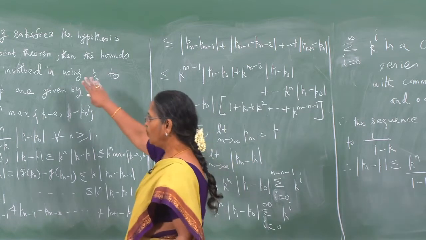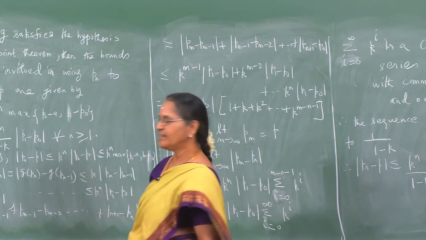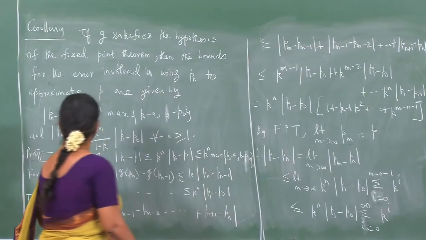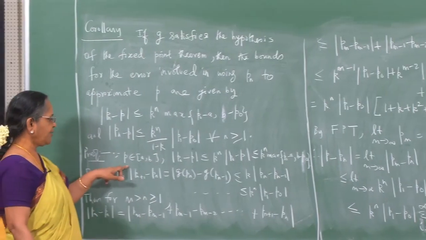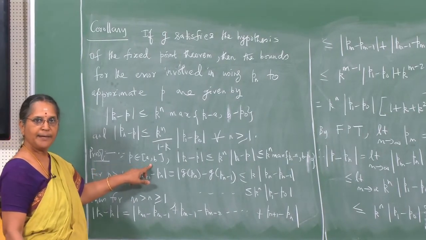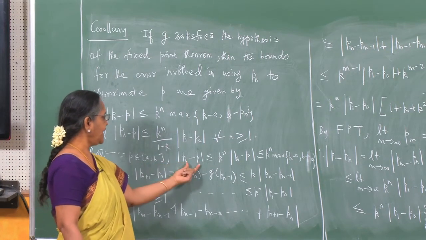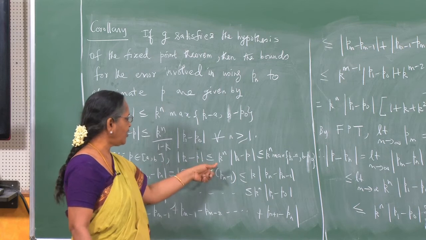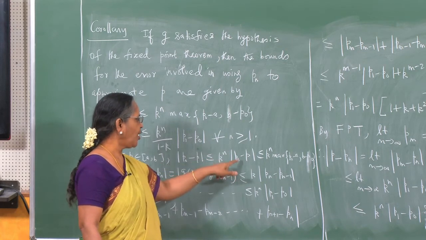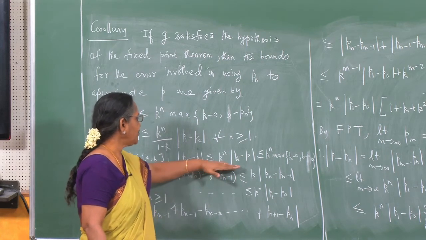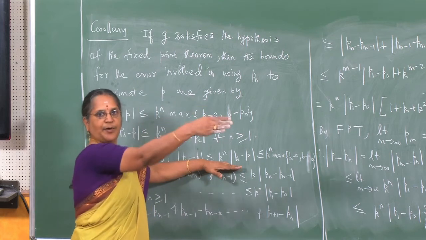So, let us try to understand the proof of this result. We know that the fixed point P belongs to the interval a b. So, Pn minus P in absolute value is less than or equal to k power n into mod P naught minus P. This we had shown in the fixed point theorem.